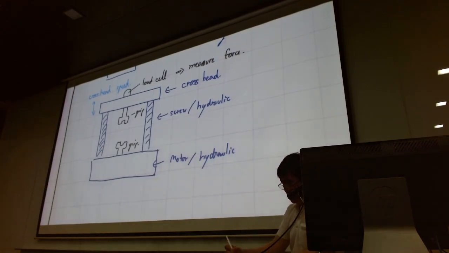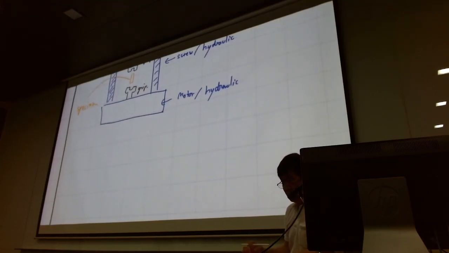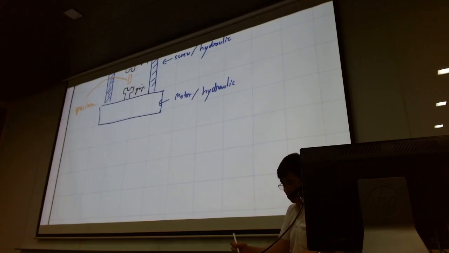And what happened here is that in the middle, you will be placing the specimen. Usually, to make it a standard test, you have to follow whatever standards that we have. Usually, the basic standard is ASTM E8.